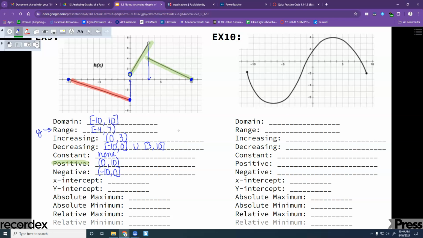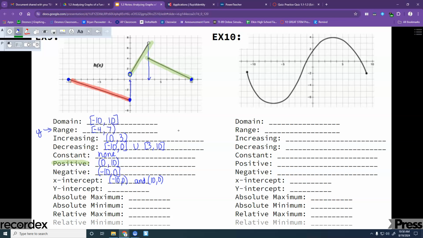Next x-intercept, I've got 2 of them right here. I should put an S on it, shouldn't I? Because I've got negative 10, 0, and over here also positive 10, 0 for that. X-intercept, you might have more than one.